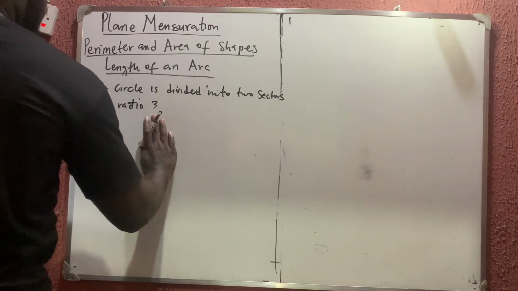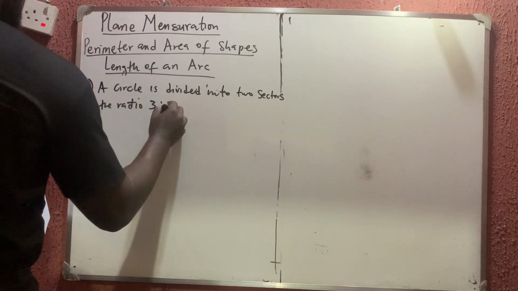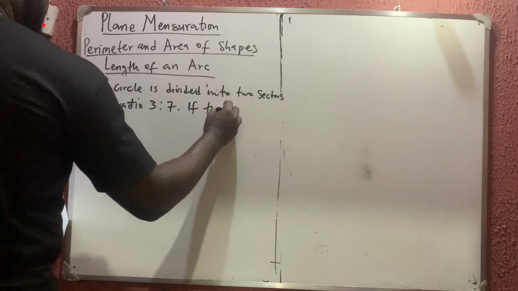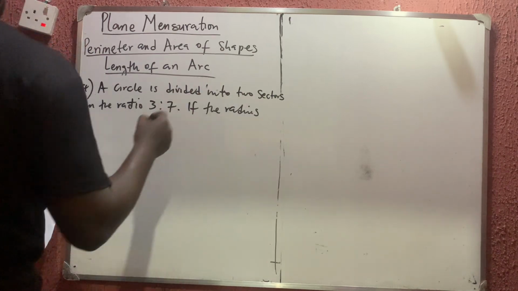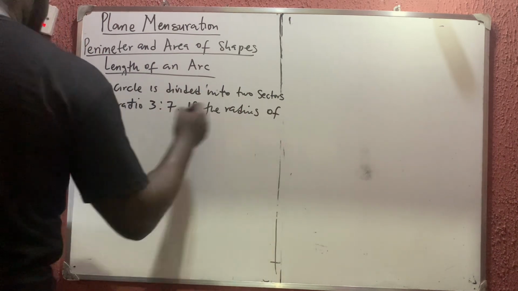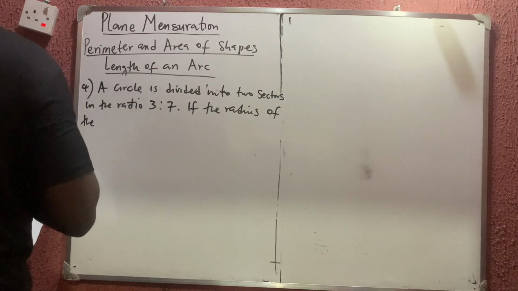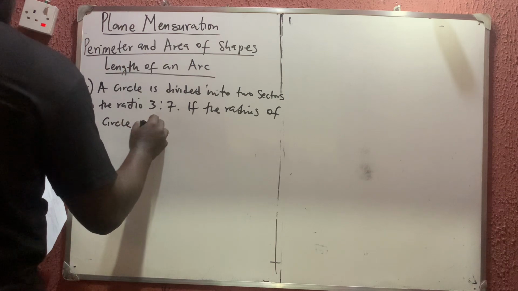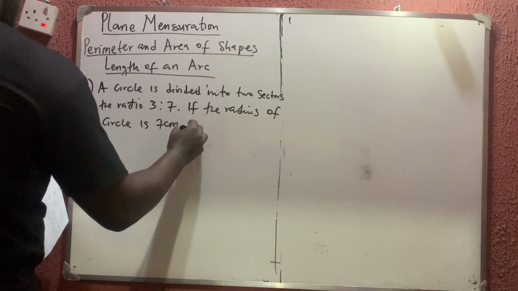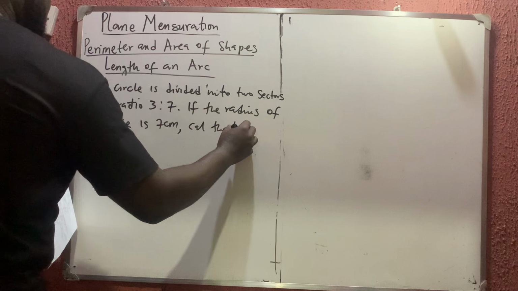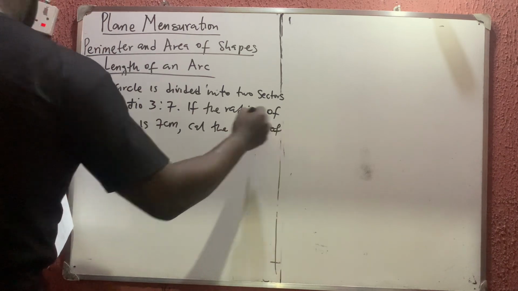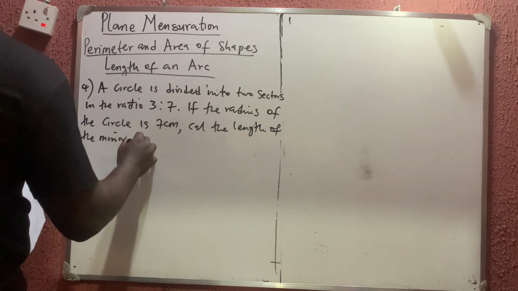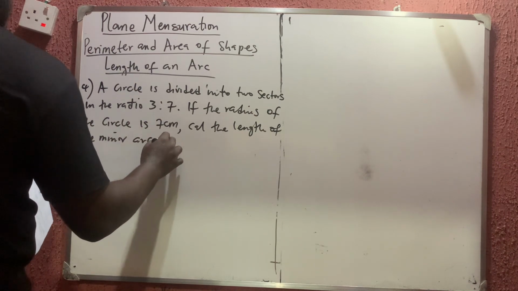If the radius of the circle is 7 cm, calculate the length of the minor arc of the circle.